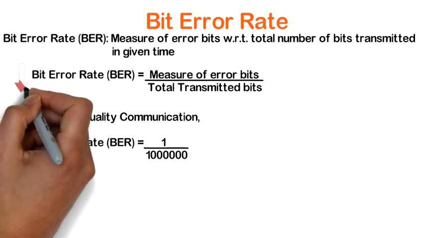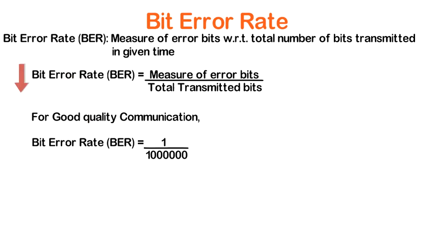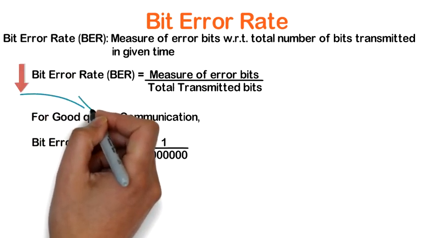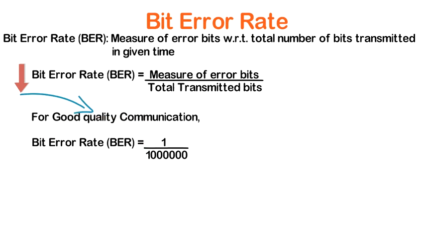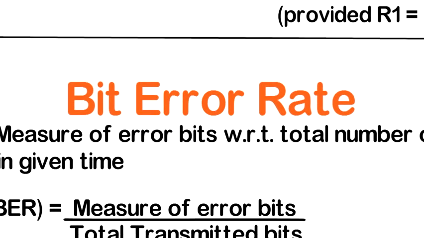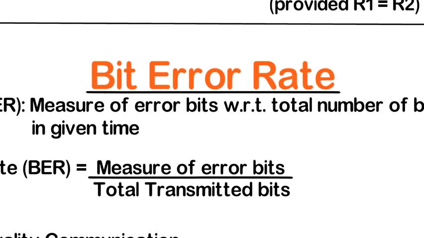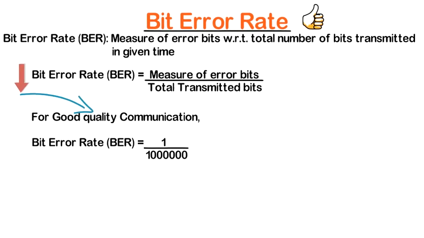Bit error rate value is maintained as low as possible so that we get good quality of communication. So any site or any telecom network, before being put into an active mode, has its bit error rate value properly tested, so that quality of service is appropriate.